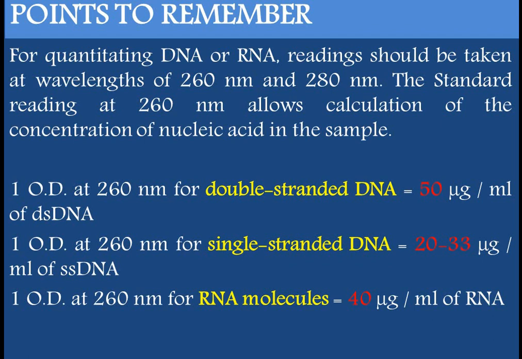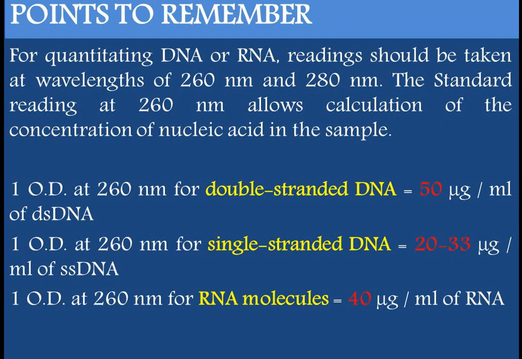Usually nucleic acids have an absorbance wavelength of 260 nanometer because of the nucleobases they are made of. Due to purine and pyrimidine bases, the DNA absorbs the UV with a maximum at a wavelength of 260 nanometer. The protein absorbs the UV at 280 nanometer because of tyrosine, phenylalanine and tryptophan rings.